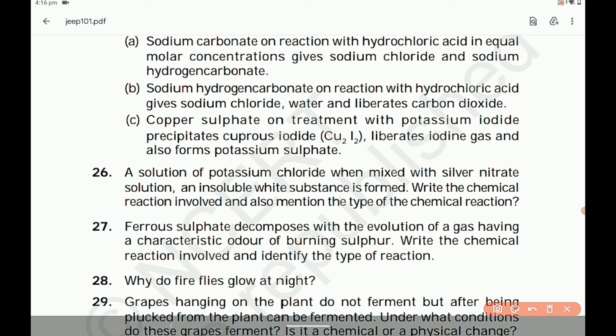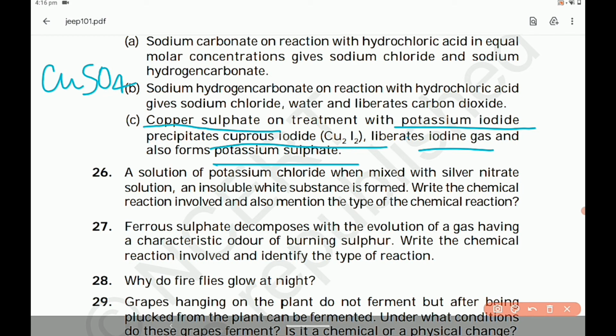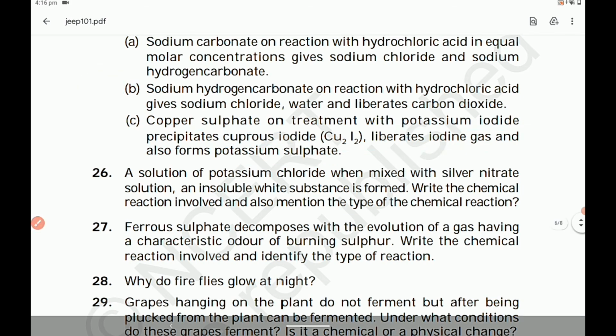Great. Next, copper sulfate CuSO4 on treatment with potassium iodide gives copper iodide and iodine gas. Also it forms potassium sulfate. So let's write down this reaction: copper sulfate CuSO4, or maybe let's just zoom in. How about this?